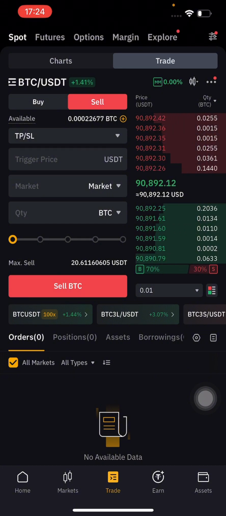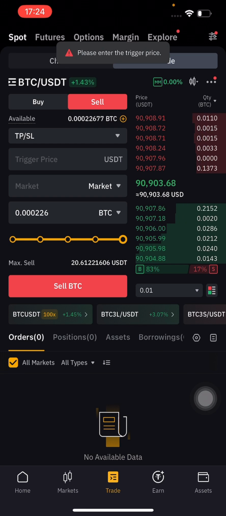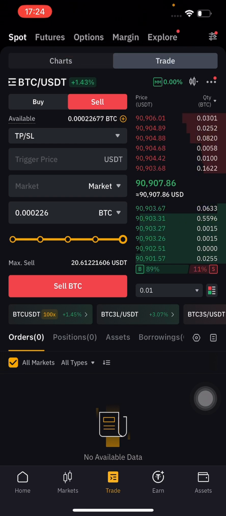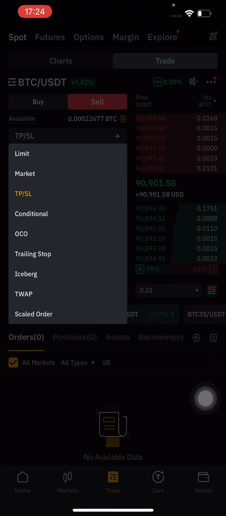You just come here, you have already sell, the quantity, market, what you want to sell, BTC, what quantity, all of it. So you just click on sell. Sorry, I left it.